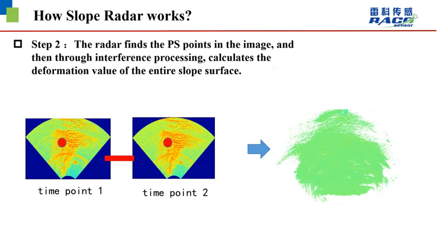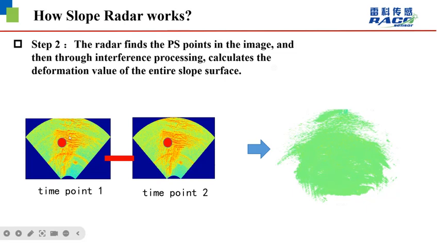Step 2. The radar finds the PS points in the image, and then we will make some interference processing, and then we can calculate all the deformation values of the entire slope surface.